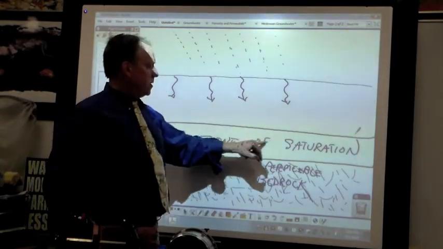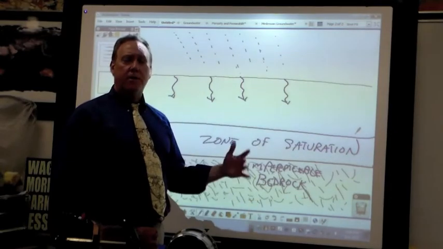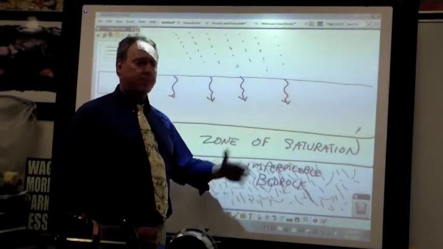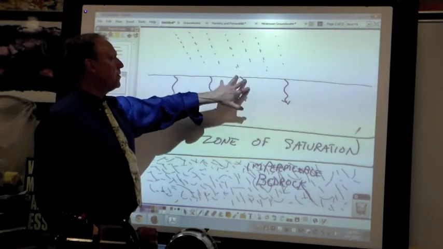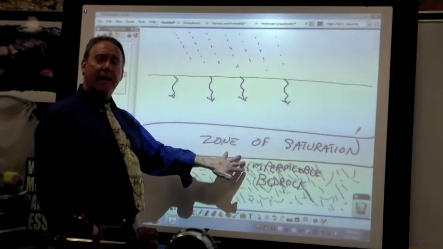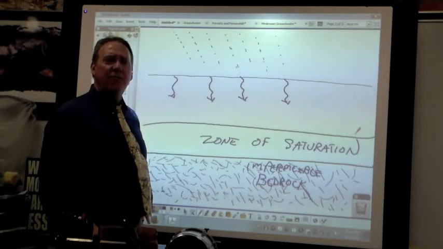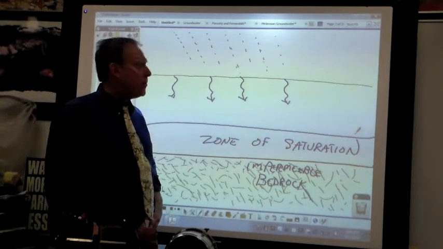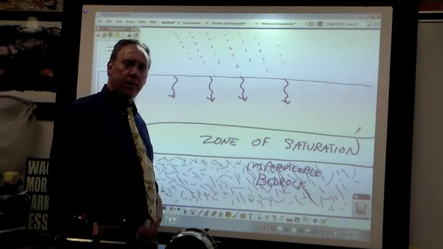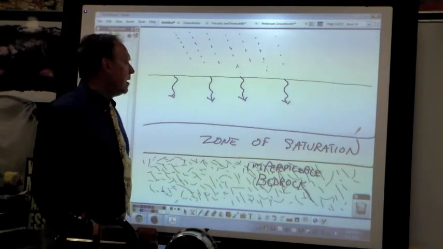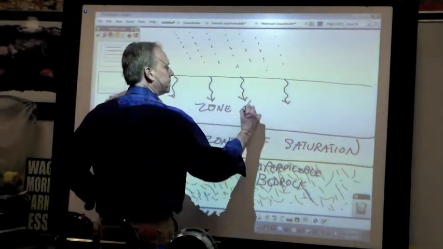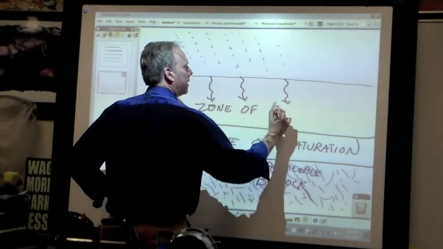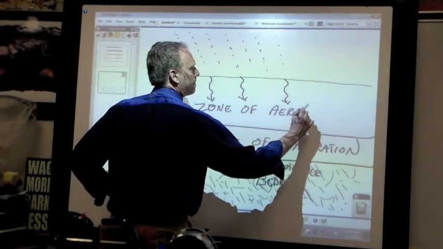In this case, the space between the particles is filled up with water, hence the word saturation. The zone above, the zone that's allowing the water to pass through, does not have particle spaces filled with water. Those particle spaces are still filled with air. So this is known as the zone of aeration.